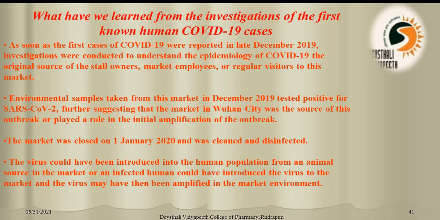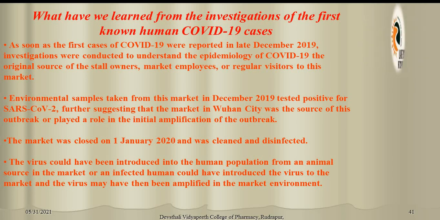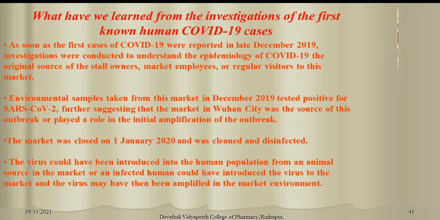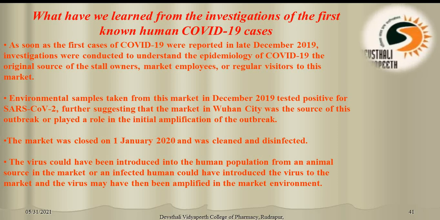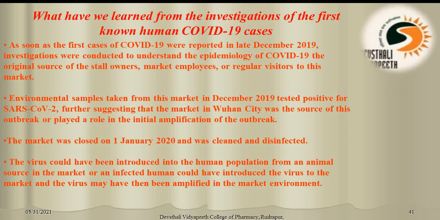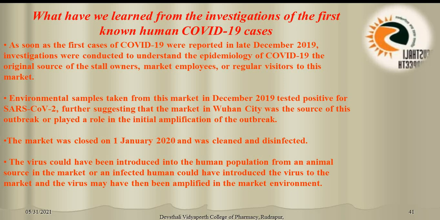Now, what could we conclude? What we have learned from the investigation of the first known human COVID-19 cases is that as soon as the first case was reported in late 2019, investigation started to understand the epidemiology of COVID-19, including the original source: stall owners, market employees, and regular visitors to this market.